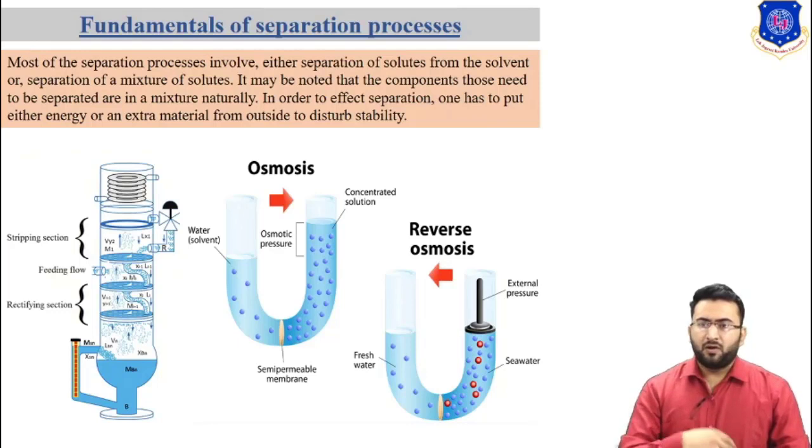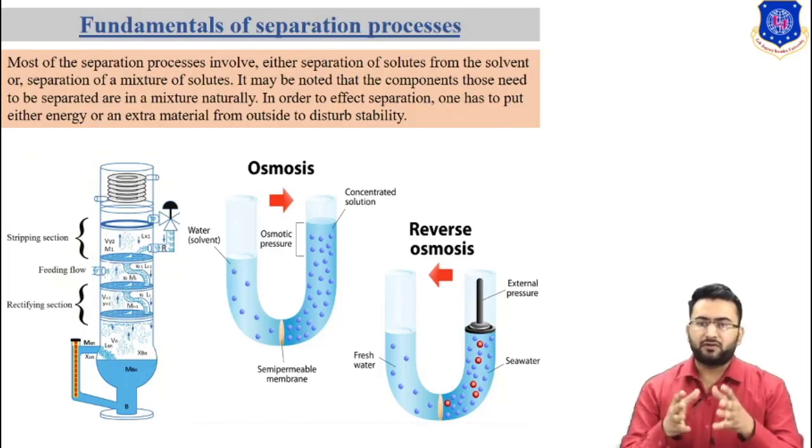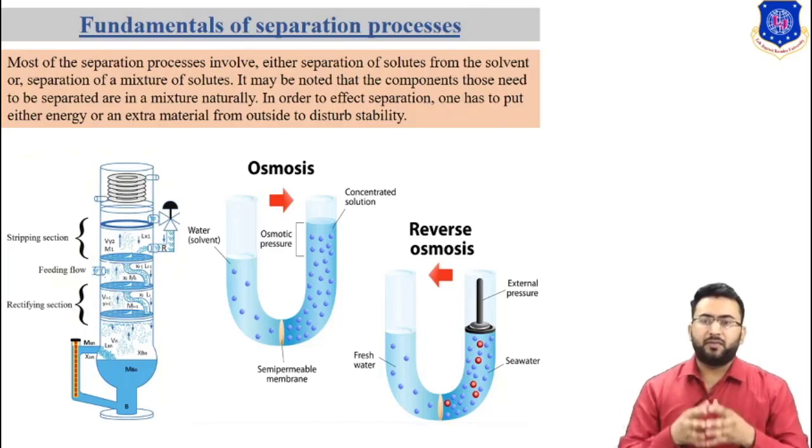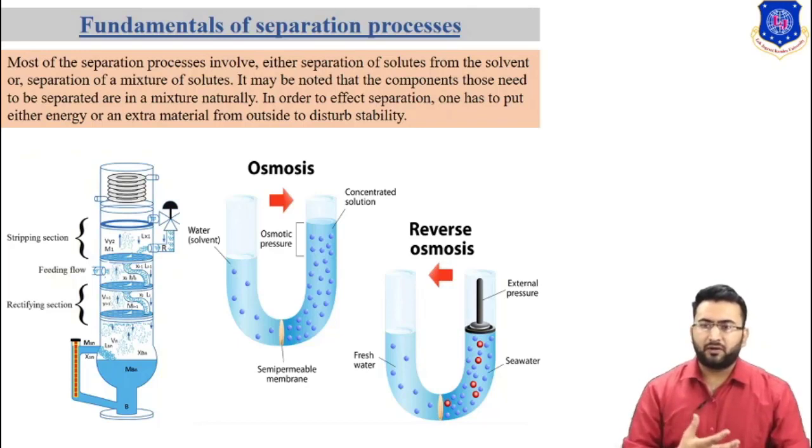All these processes are separation processes. Primary treatment includes coagulation, flocculation, and other methods. Secondary treatment is mainly oxidation pond and biological treatment, whereas tertiary treatment involves adsorption and membrane separation processes.